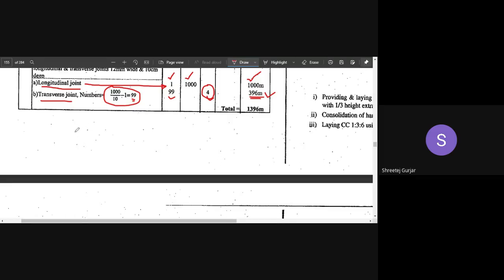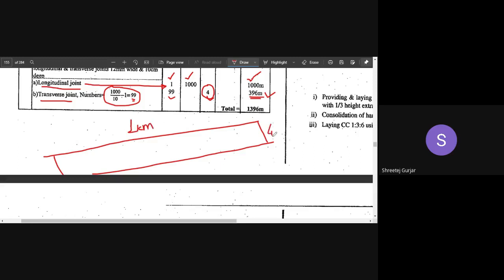Suppose this is your road, 4 meters in width and 1 kilometer in length. Transverse joints are provided in this fashion, at every 10 meters. The length of each bar is 4 meters, and the number of bars is 99, which we have calculated.